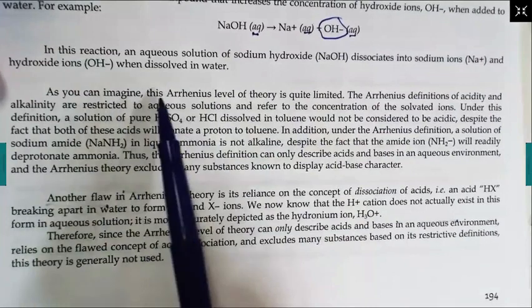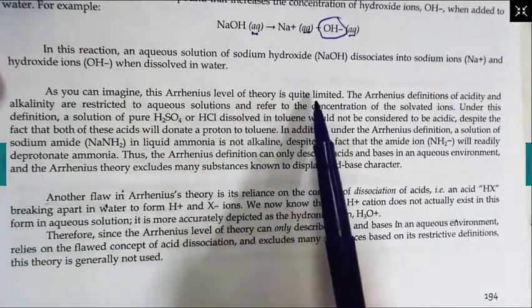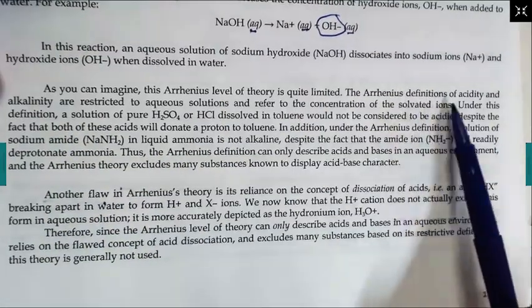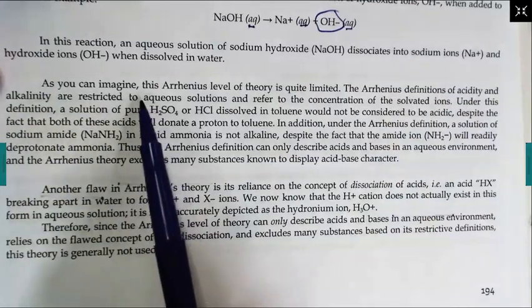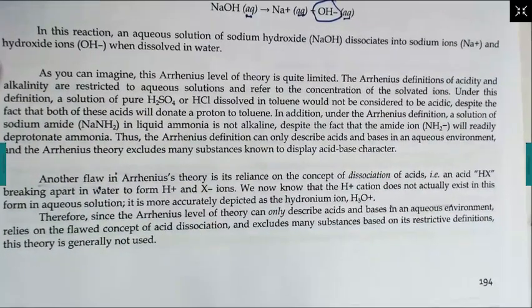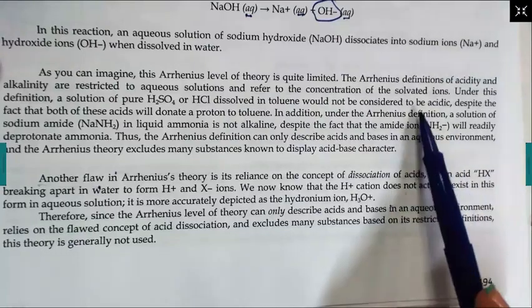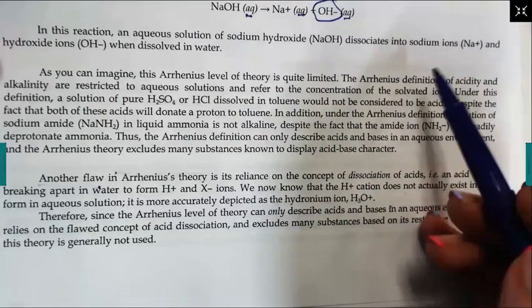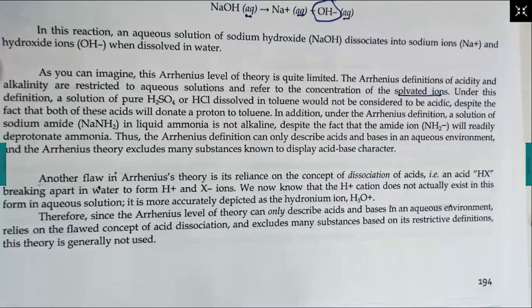As you can imagine, this Arrhenius level of theory is quite limited. The Arrhenius definitions of acidity and alkalinity are restricted to aqueous solutions and refer to the concentration of solvated ions. That means only the ones that dissolve, right?